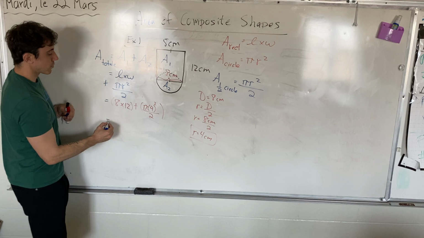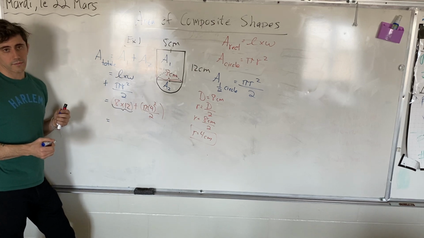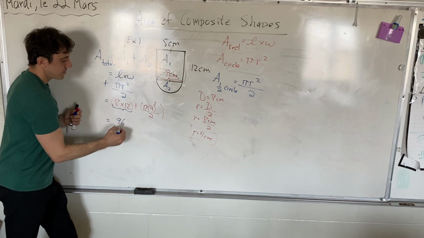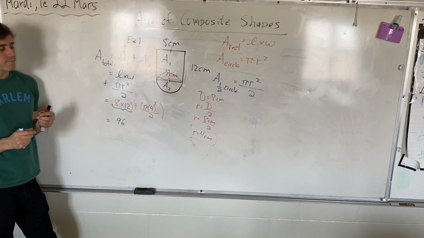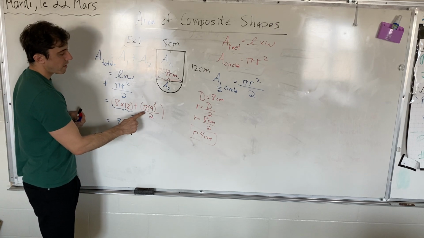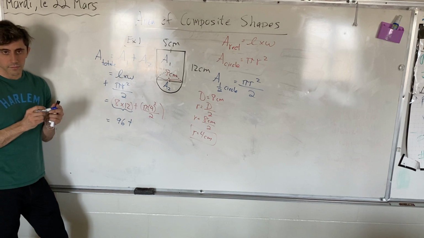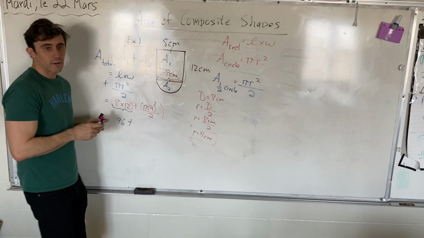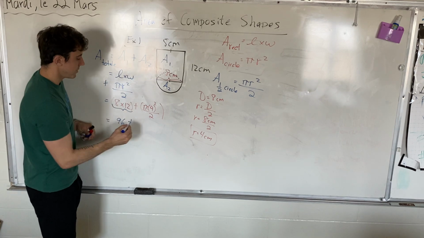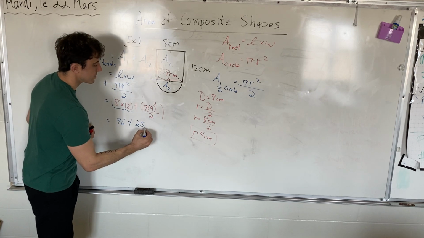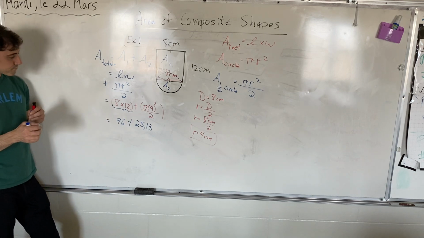So following order of operations, BEDMAS, as you guys all know, 8 times 12 starts us off with 96. 96 is thus the area of the rectangle, A1. Next, we have pi times 4 squared, all divided by 2. And so, you guys can do that on your calculator. If you do it with the pi button itself, you'll get a decimal number of 25.13, okay?